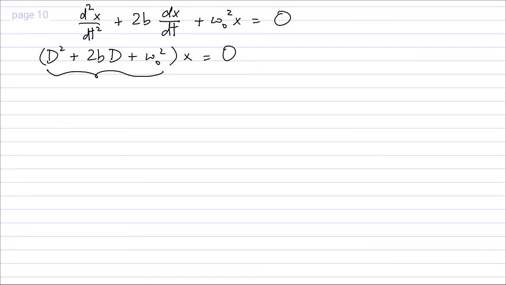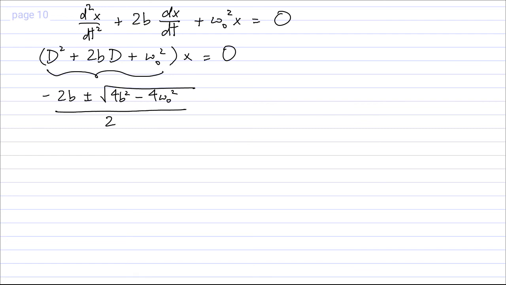I can just find the roots by applying the quadratic formula. So the roots are given by minus 2b plus or minus the square root of 4b squared minus 4 omega naught squared, divided by 2. And this of course is minus b plus or minus the square root of b squared minus omega naught squared.